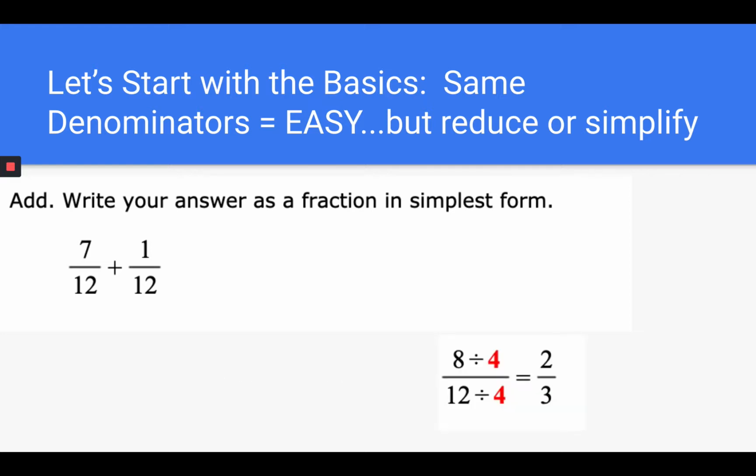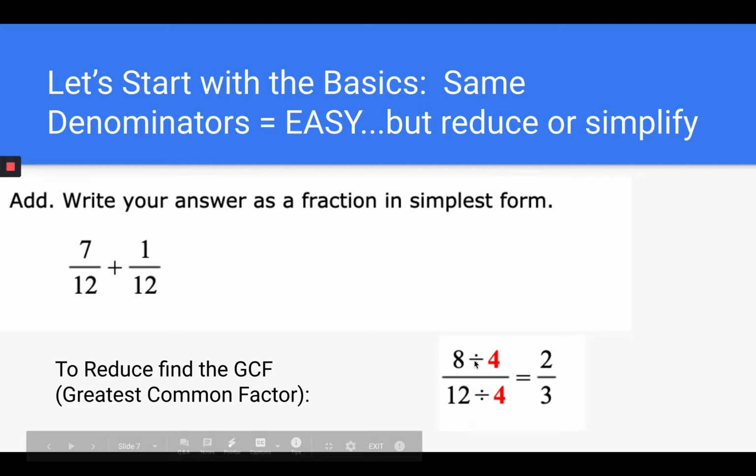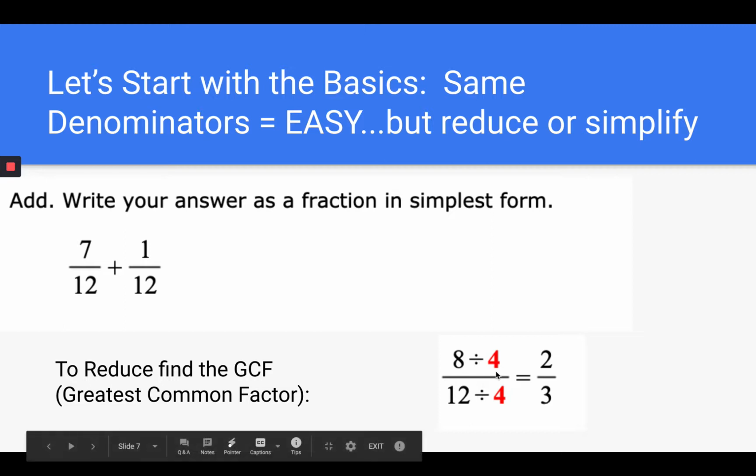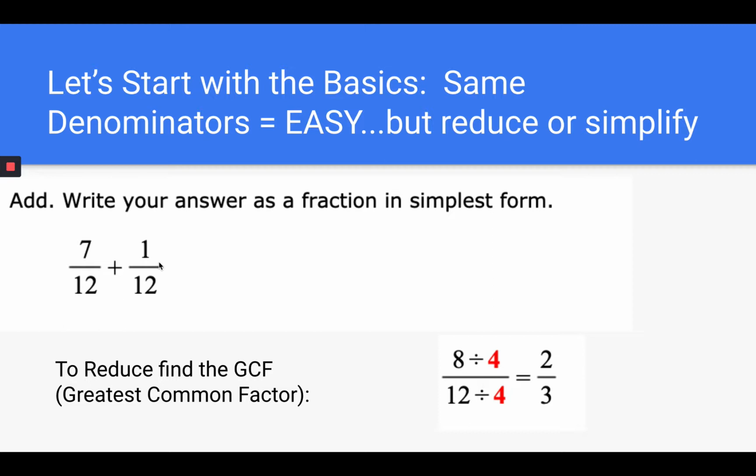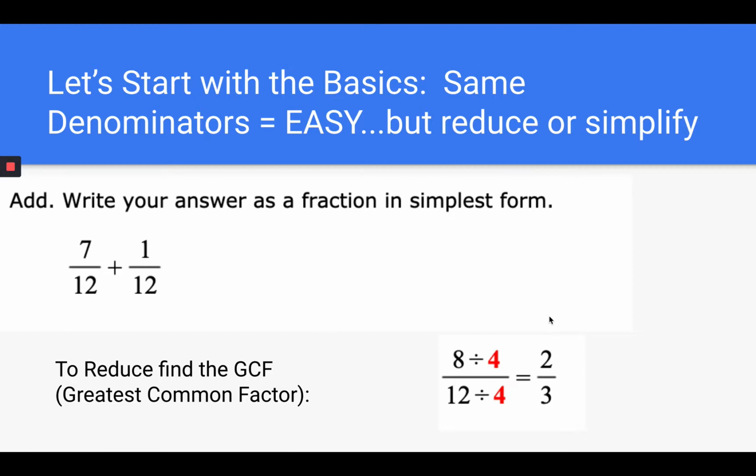To reduce a fraction, you have to find the greatest common factor, the biggest number that goes into both the top and the bottom of the fraction. In this case, it's 4. So we added the tops, we got 8/12, and I know it reduces by 4. 8 divided by 4 is 2, and 12 divided by 4 is 3. Your final answer is 2/3.